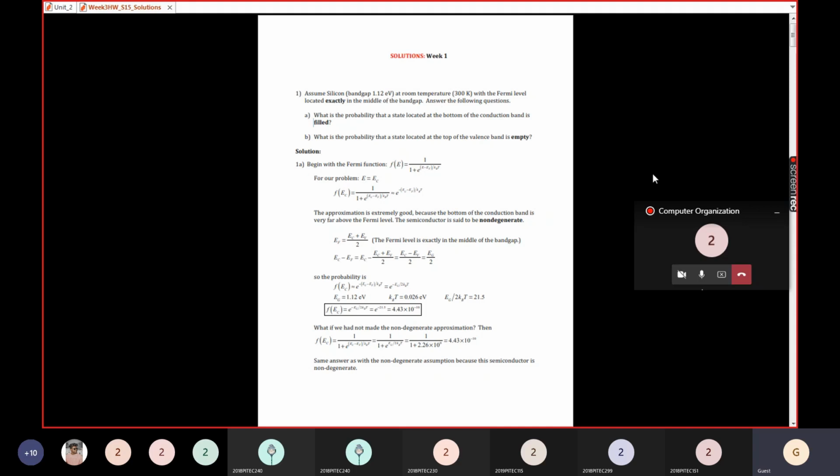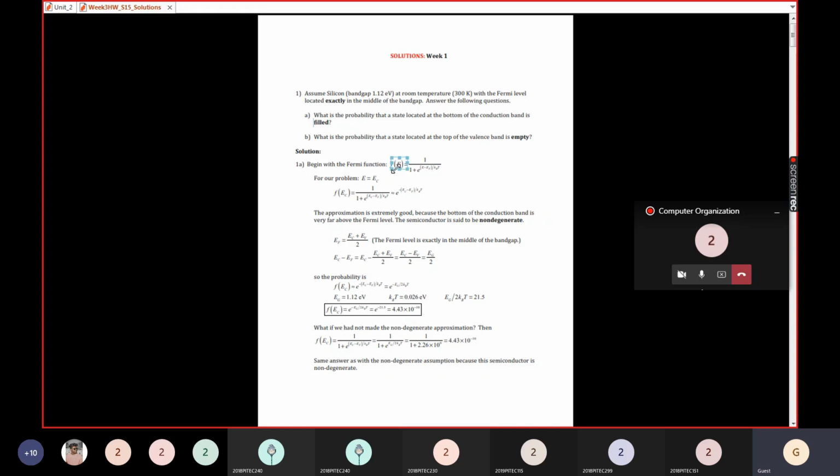I have already used the formula. Okay, so write down the formula first. What is the formula here? You will write the probability of occupation formula. P of E, I have already told you, P of E. Here they have represented it using the Fermi function directly.